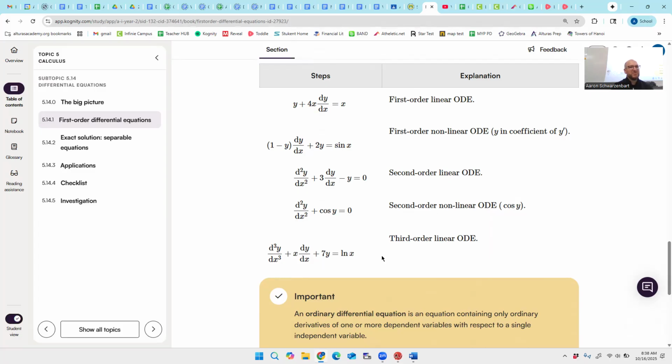So we have made it through 14.1. All it is is terminology and classifying. 14.2 is separable, which we did last year. 14.5 is going to be slope fields and isoclines, which are related to slope fields but not on the exam.